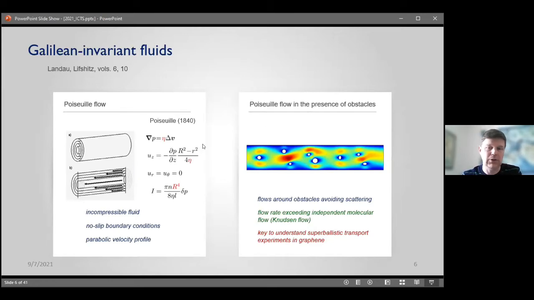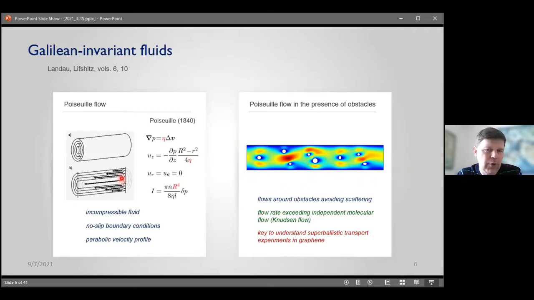Now, as an example of traditional hydrodynamic behavior of a conventional fluid, let's recall the so-called Poiseuille flow, which is a flow of viscous fluid through a pipe or between parallel plates, or in a two-dimensional setting, in a channel-like geometry.